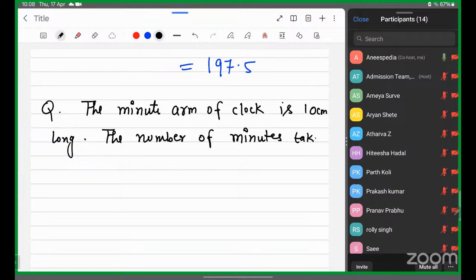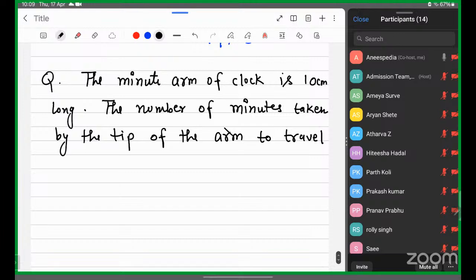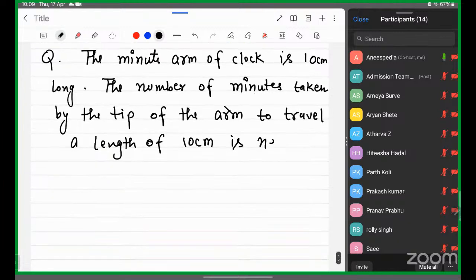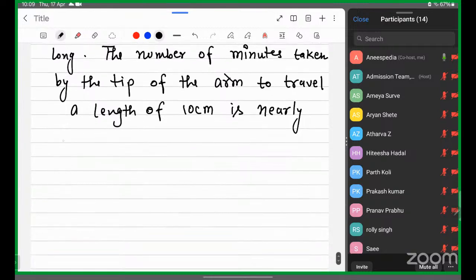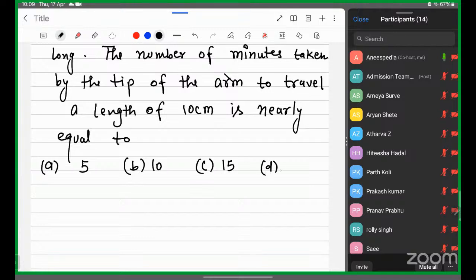The number of minutes taken by the tip of the arm to travel a length of 10 centimeter is nearly equal to option A 5, option B 10, option C 15, option D 20.